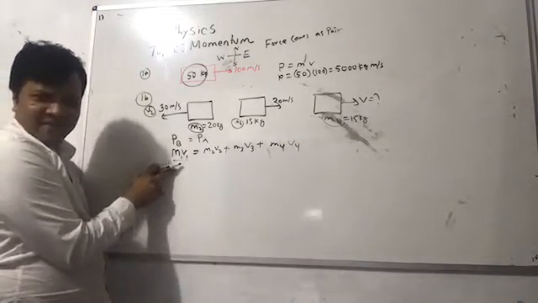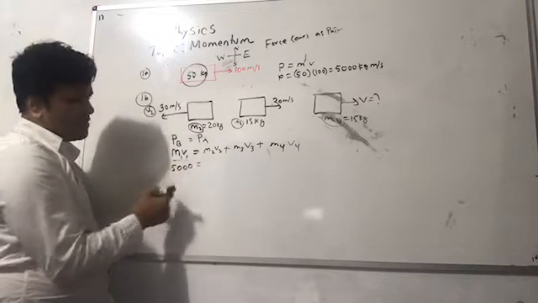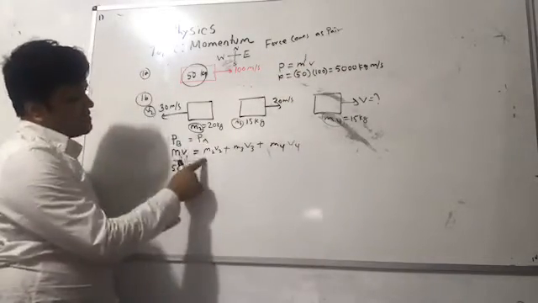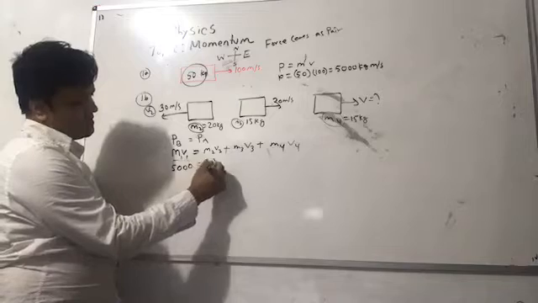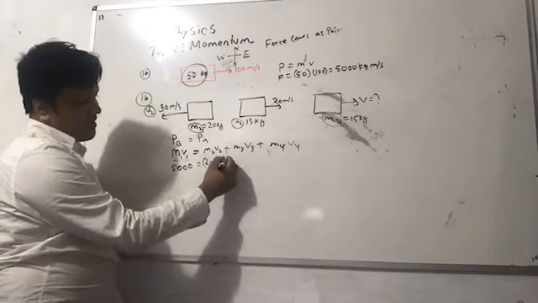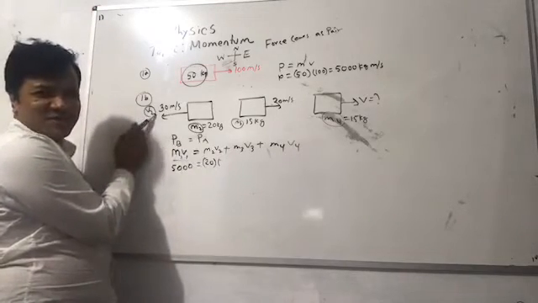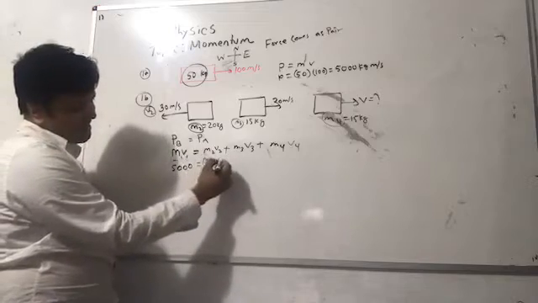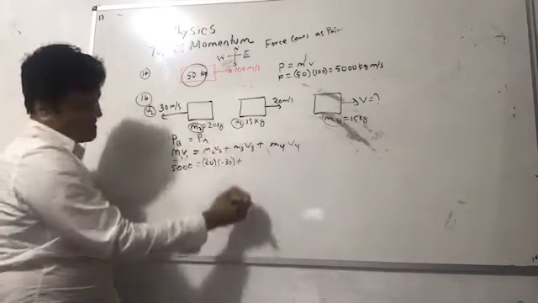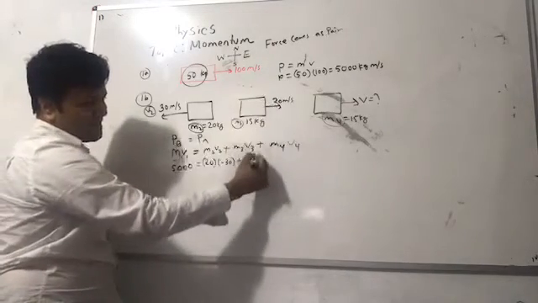We already found that, 5,000. M2 is 20. V2 is 30. Wait a second. The direction is important. This is toward the west, so we have to write negative. Plus M3 is 15 times 20.